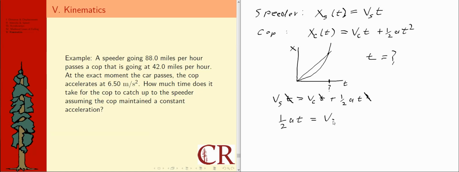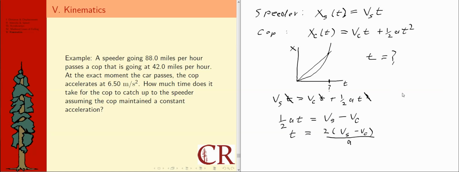I might be doing a little bit much algebra in my head, but I've got limited space. So the difference in these two speeds, the speeder speed and the cop speed. At this point, I could solve for time by multiplying by 2 and dividing by acceleration. So I would have 2 times vs minus vc divided by the acceleration a.